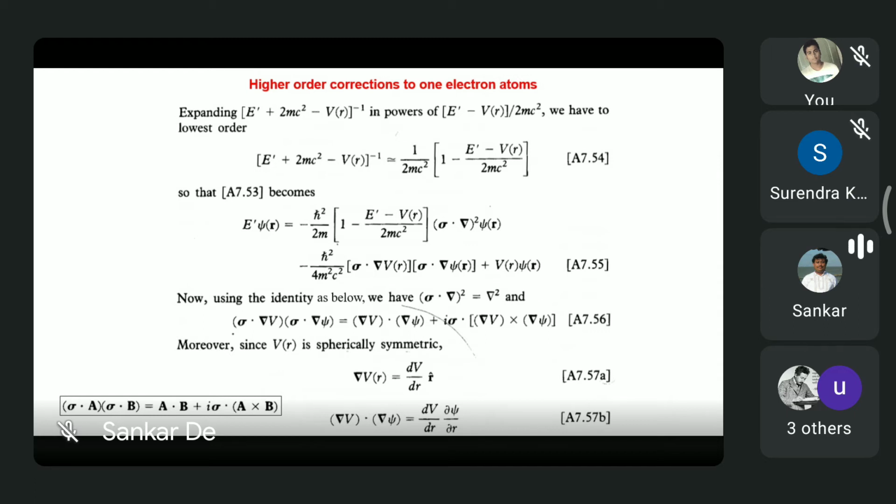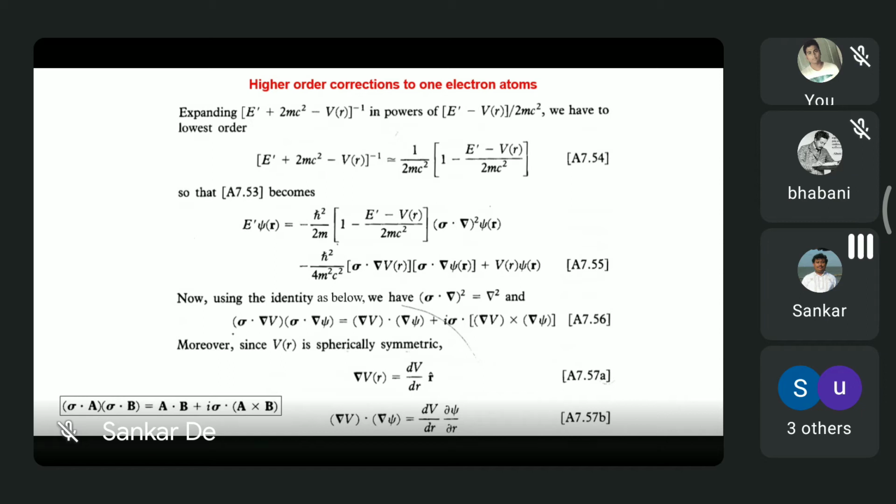So this we can write directly using that identity which is given below. And since VR is spherically symmetric, first, sigma dot grad whole square is equal to grad square. That is quite easy to know. You can work it out. And the other one, the second term of 7.56, is a little tricky.